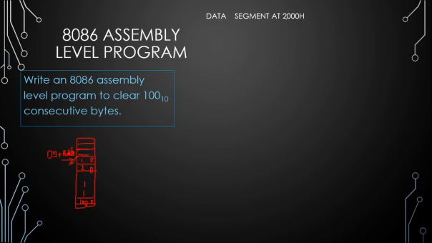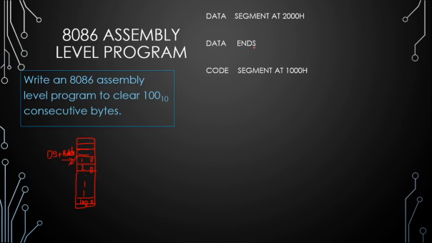So we are using the data segment which is named data, located at 2000. Whenever the segment begins, it has to be ended also. So the assembly directive is the name of the data segment, ENDS. Inside it we will be writing our address.